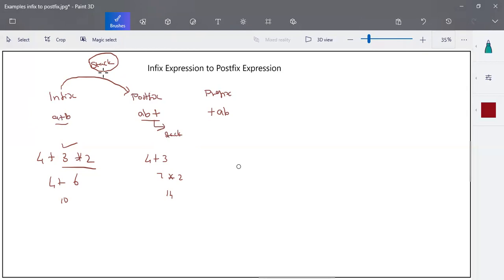So the applications of stack are infix to postfix conversion and evaluation of postfix expression. Now we know the different types of expression and why we need to convert an infix to postfix expression. Now we'll directly go into the algorithm for converting an infix to postfix expression.